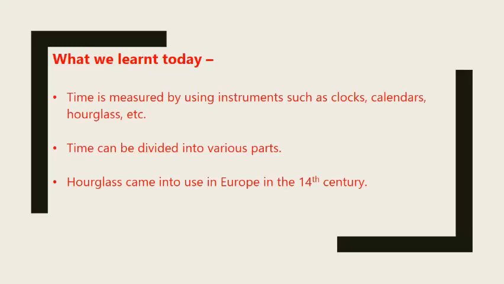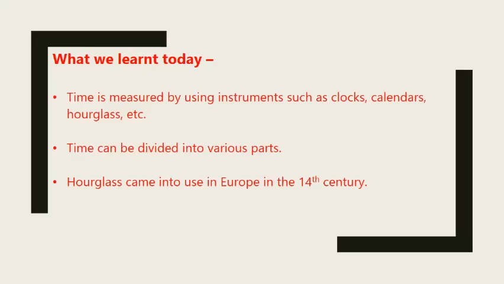The hourglass came into use in Europe in the 14th century. So children, we have completed the explanation part of the whole lesson. I hope you understood both the parts very well.